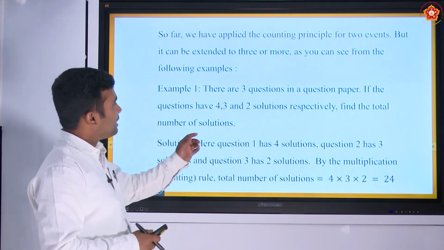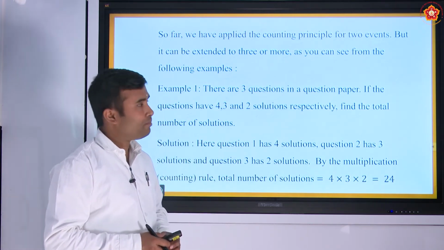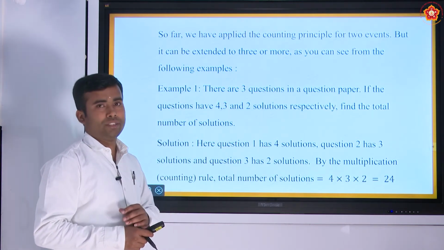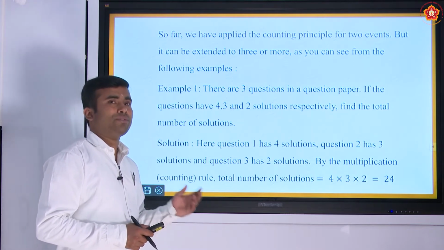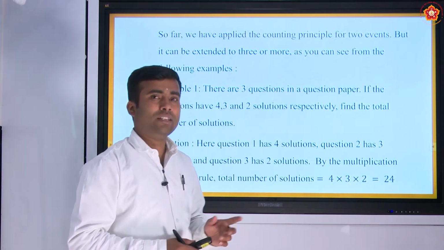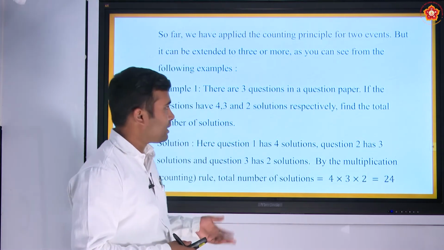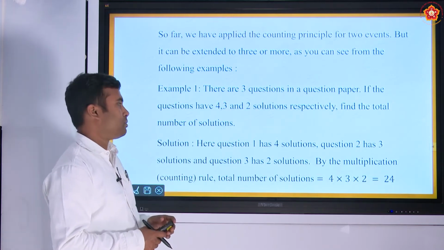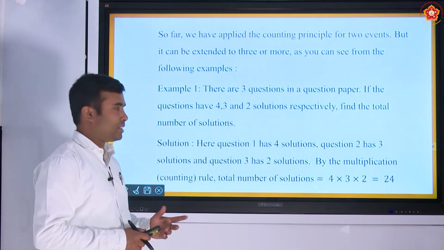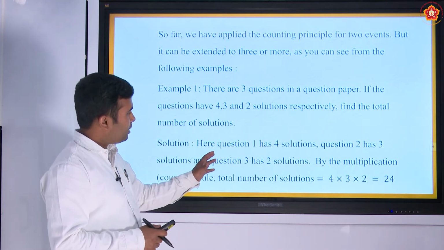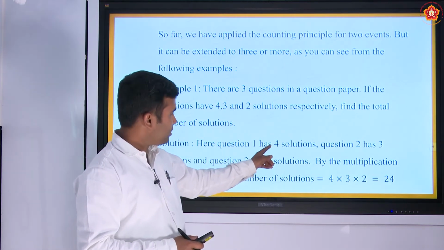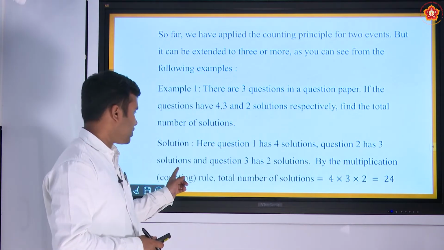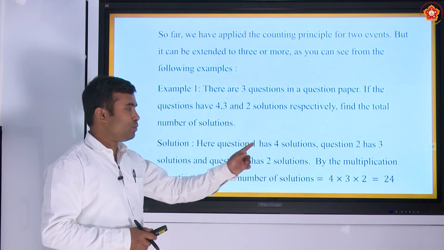Example: there are 3 questions in the question paper. If the questions have 4, 3 and 2 solutions, that means the first question has 4 solutions, the second has 3 and the third has 2. Find the total number of solutions. This is also a counting principle, but here the number of events is 3.